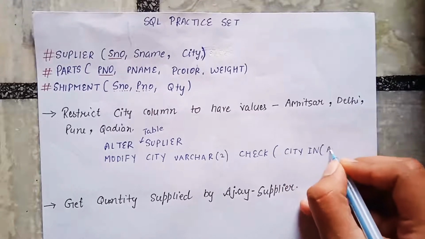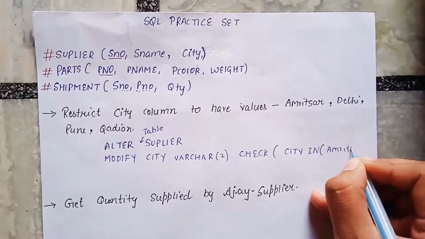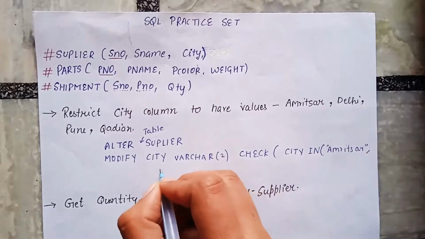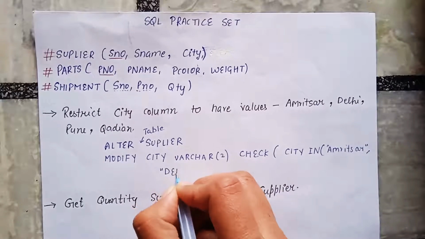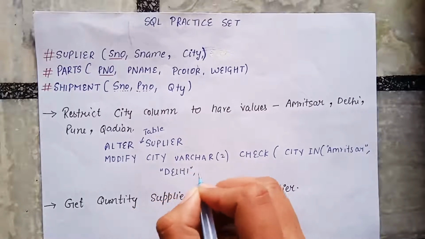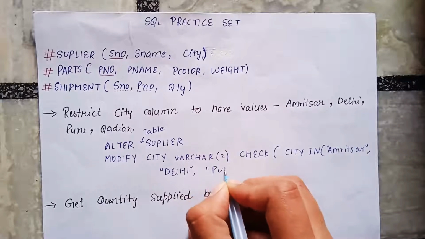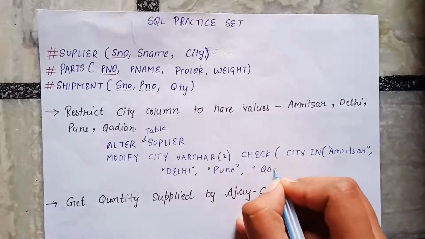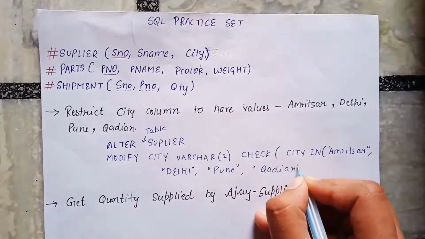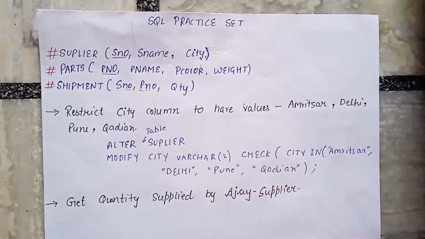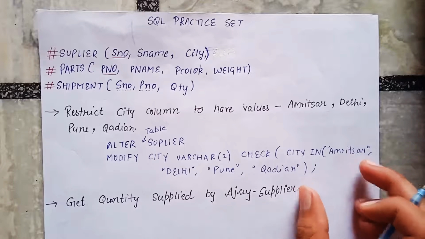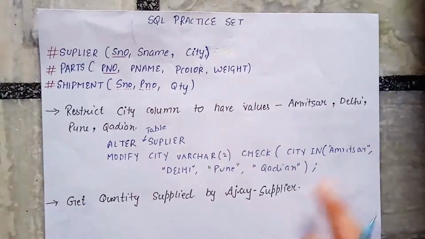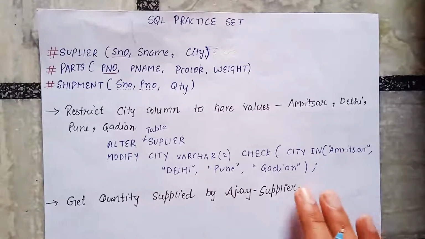The first value is Amritsar, the next value is Delhi, the next is Pune, and the next is Kadin. So this is a simple query that applies the check constraint, which will restrict this column to have only these four values.